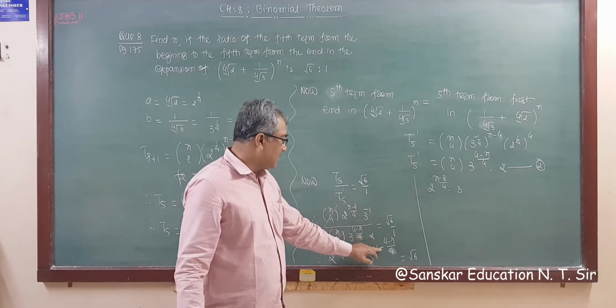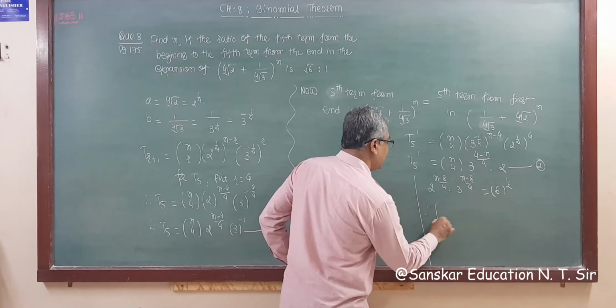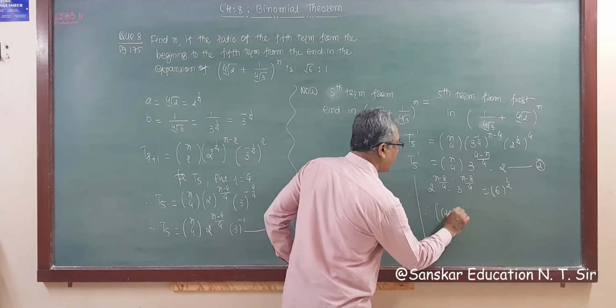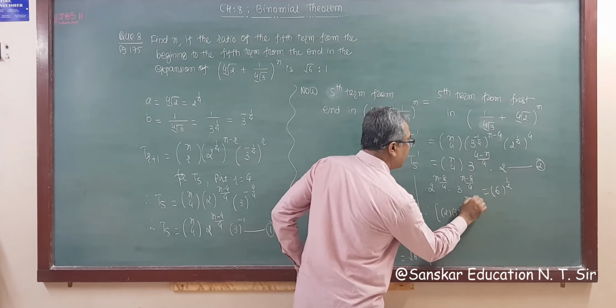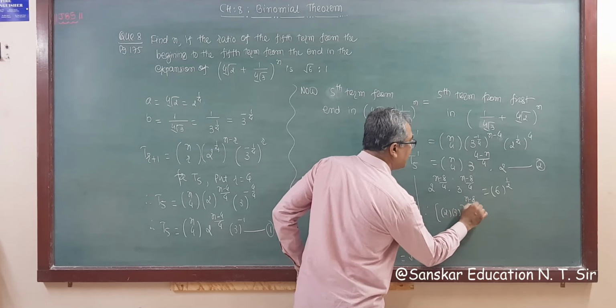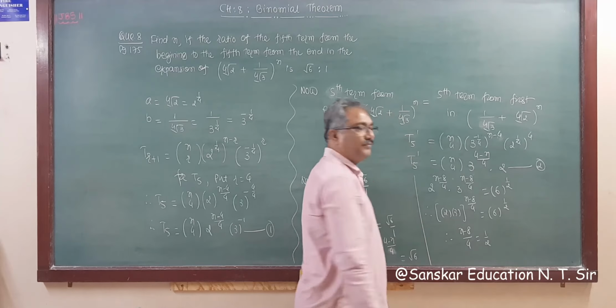Now both have the same power, so I am writing this as (2 into 3) whole to the power (n minus 8) divided by 4 is equal to 6 to the power half. Now this is 2 into 3, 6, this is 6, both bases are the same, so the powers must be the same. Therefore what we get, (n minus 8) divided by 4 is equal to 1 upon 2, right?